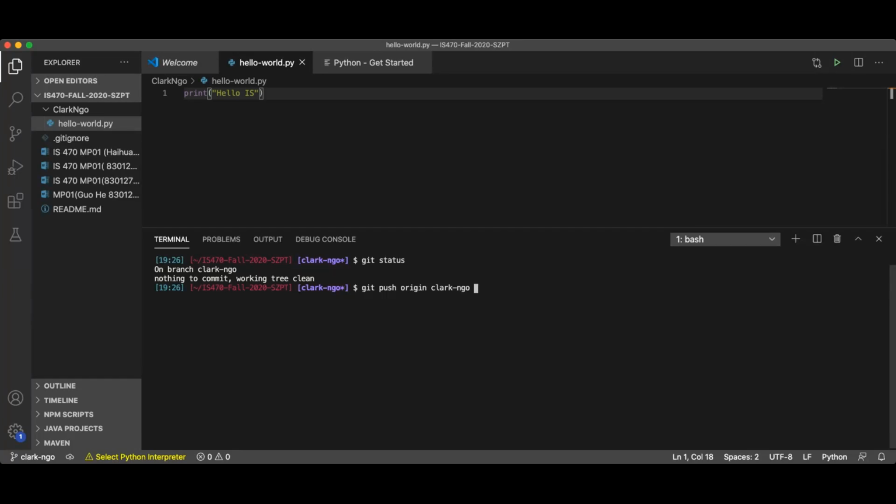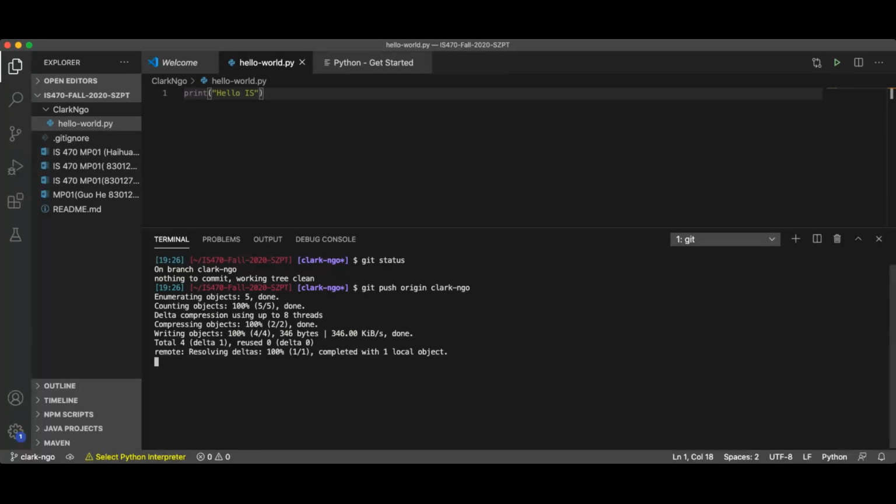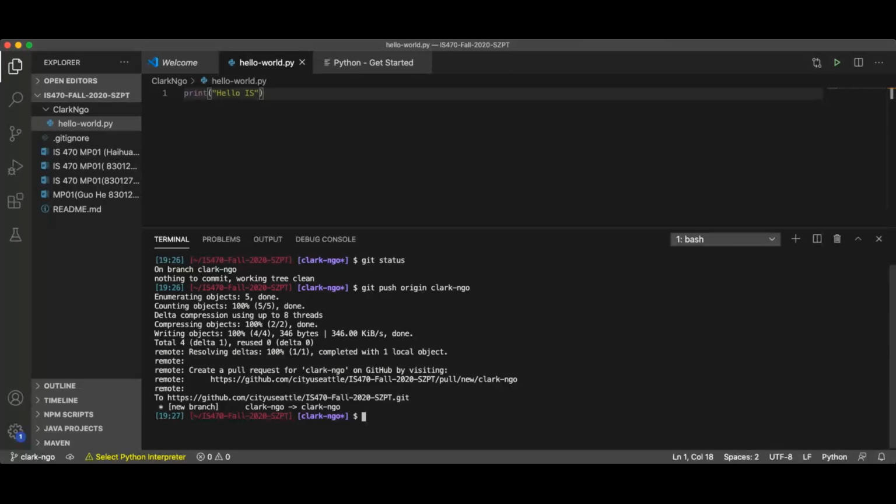Okay, and then we do want to push it on that branch. Now it pushes it to the online repository.